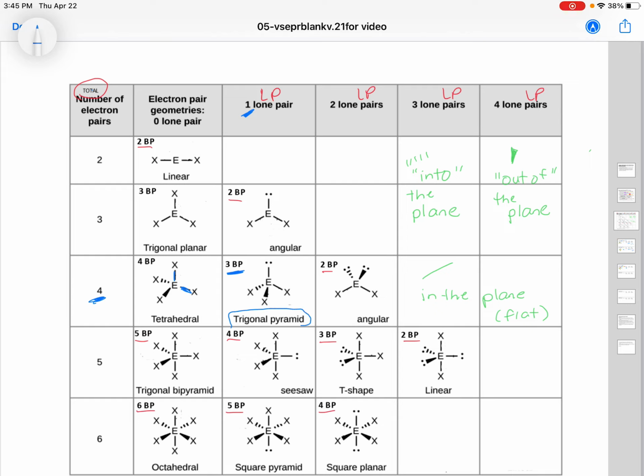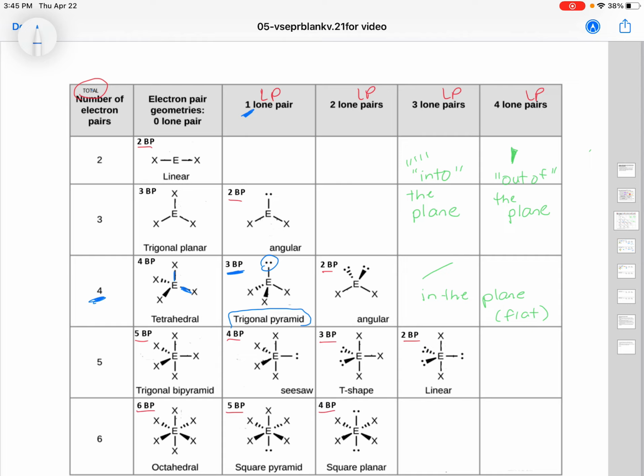Trigonal pyramid. And the important part about trigonal pyramid is you can see that this lone pair sits at the top of the molecule and repels all the other atoms away from it. The lone pair has that spread out electron cloud of density, and that has a big influence on the 3D shape.